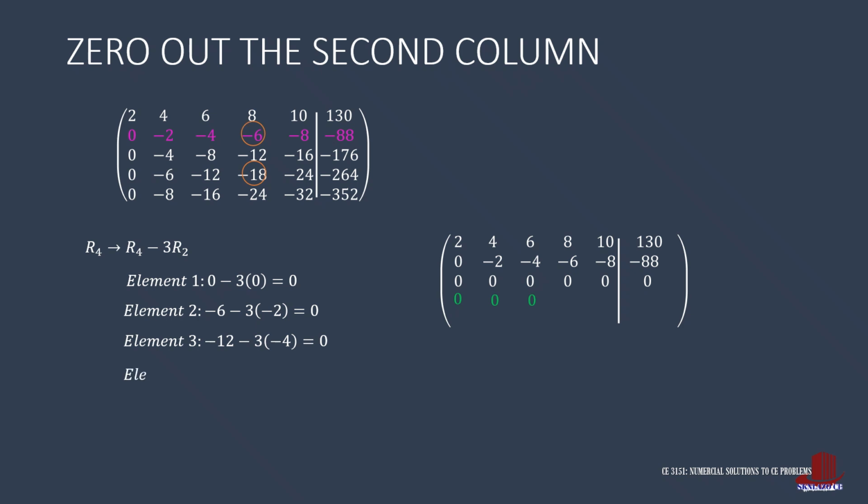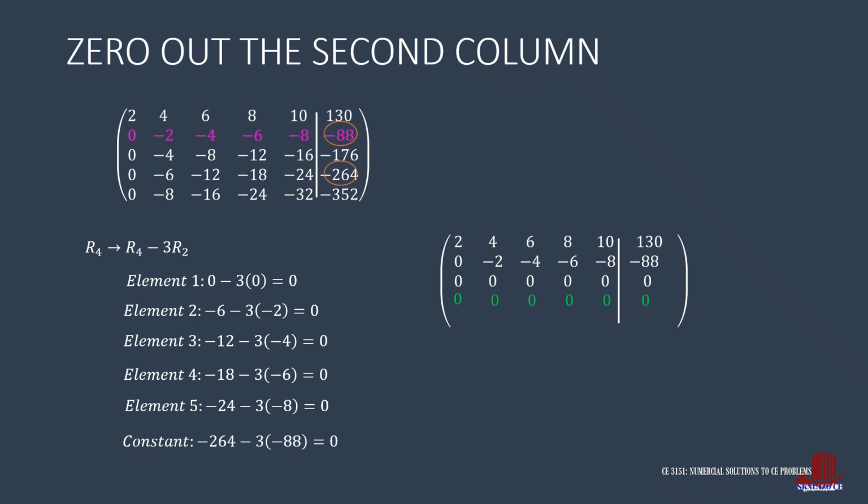Element 4 has negative 18 minus thrice of negative 6, which is 0. Followed by negative 24 minus 3 times of negative 8 as equal to 0. From the constant, negative 264 minus 3 times negative 88 is again 0.